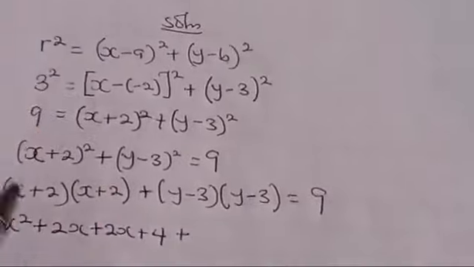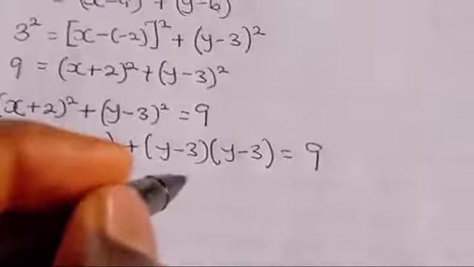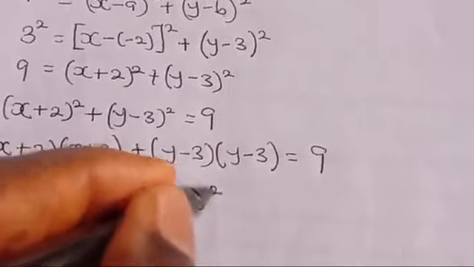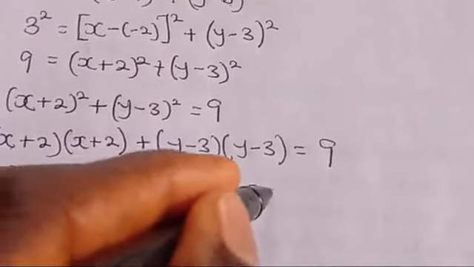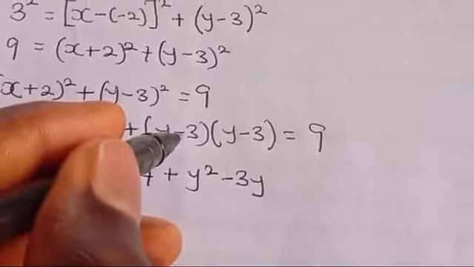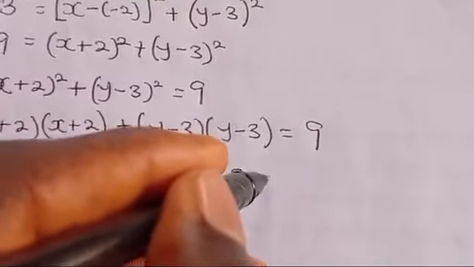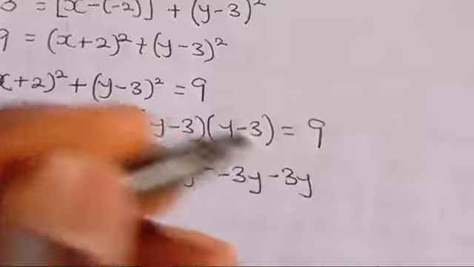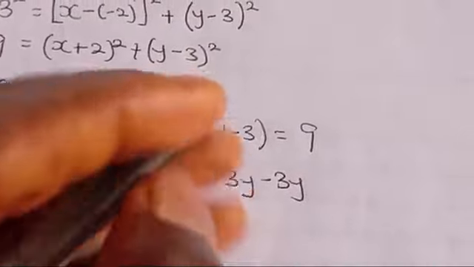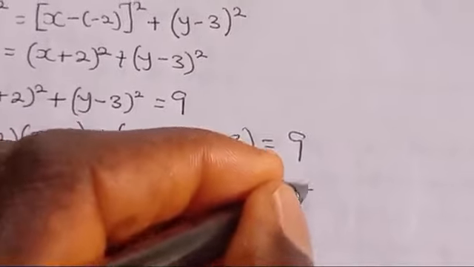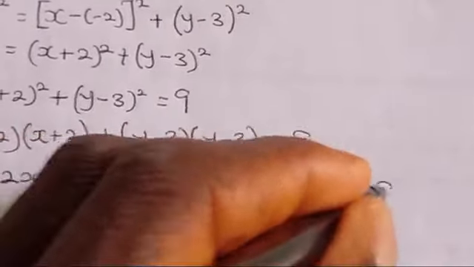Plus y times y, we have y squared. y times minus 3 is minus 3y. Minus 3 times y, we have minus 3y again. Minus times minus is plus. 3 times 3, we have plus 9, equal to 9.